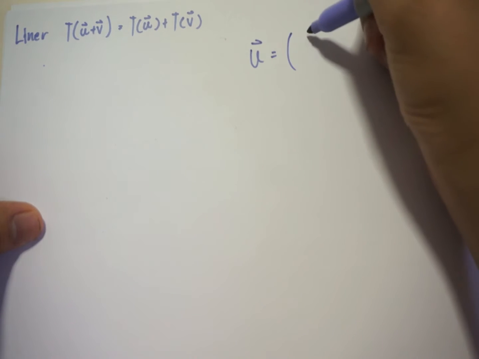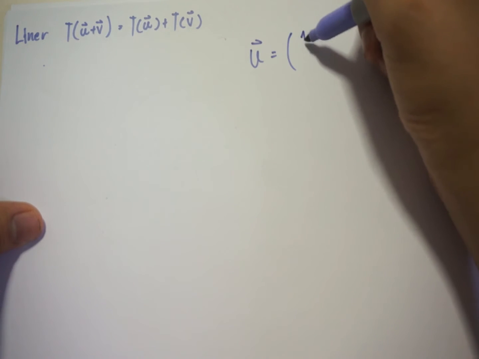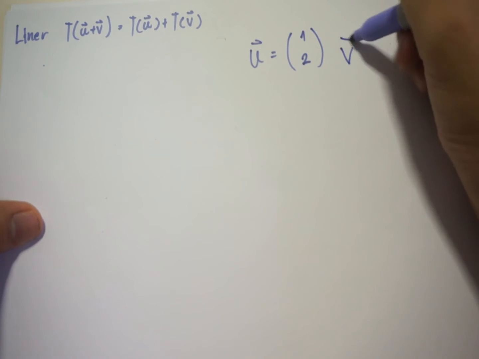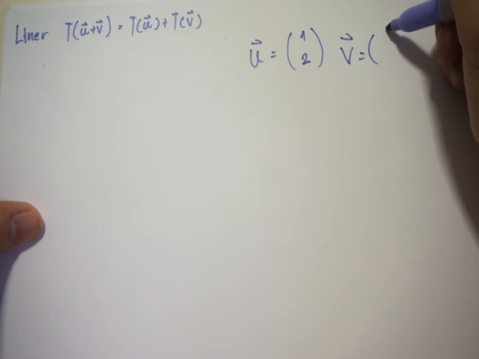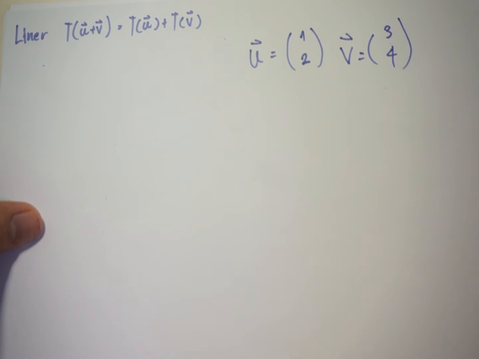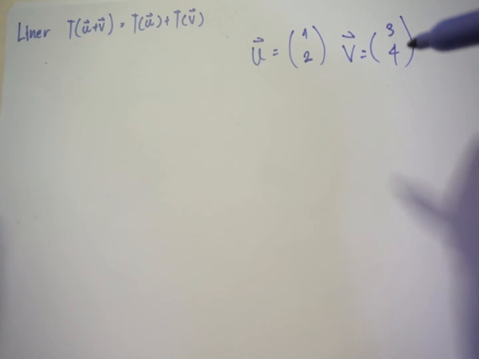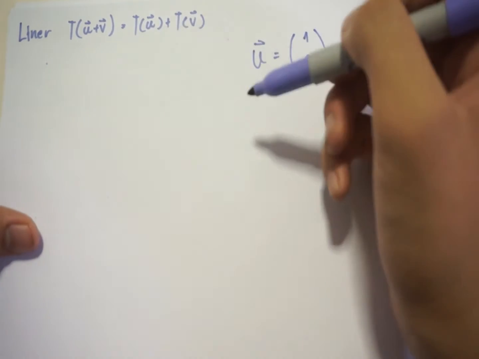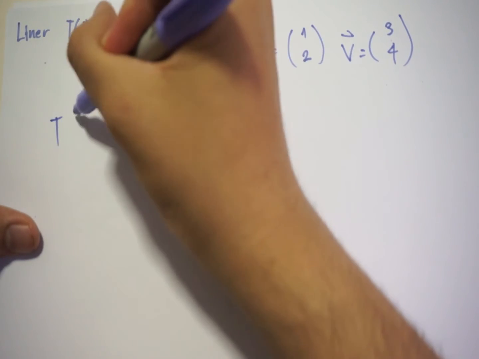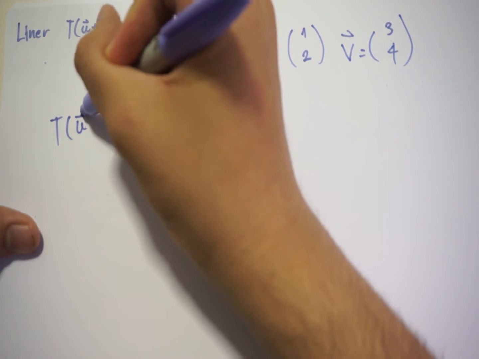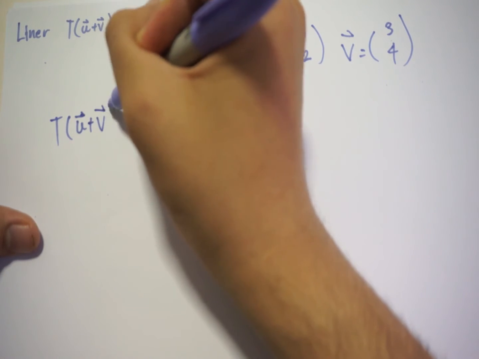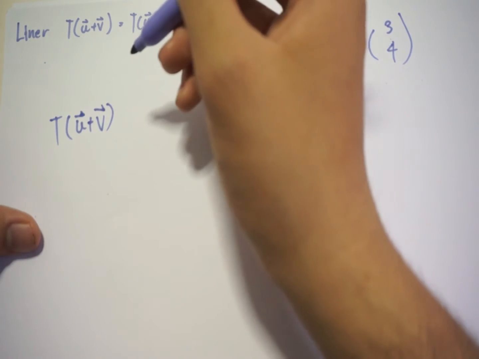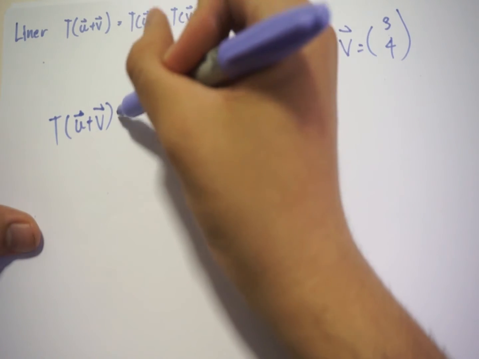Maybe I'm gonna imagine the point of x is 1 and y is 2 for u, and for v I'm gonna use the simple numbers 3 and 4 for the coordinate. And then we're gonna toss them into the formula we have. Mind you that this T means that it's already transformed, so we're not gonna transform them yet.